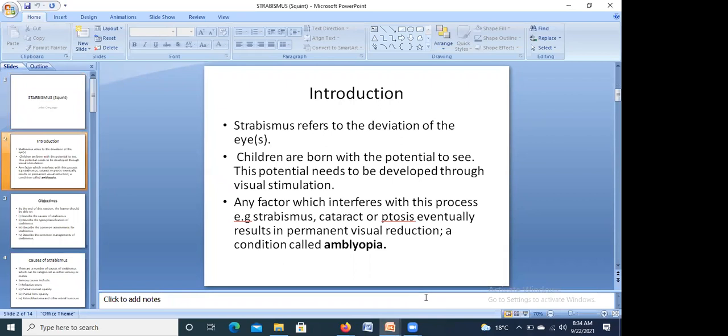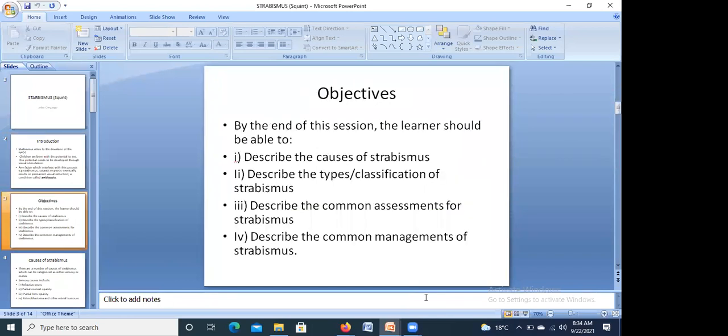We know very well that when a child is born, they are born with the potential to see, but they are not born seeing. And this potential needs to be developed through stimulation of vision. Any factor which interferes with this process, for example, strabismus, cataract, or ptosis, eventually results in permanent visual reduction, a condition called amblyopia.